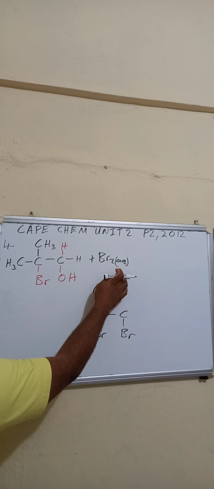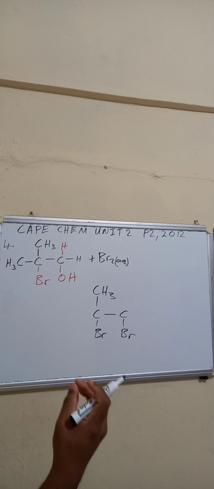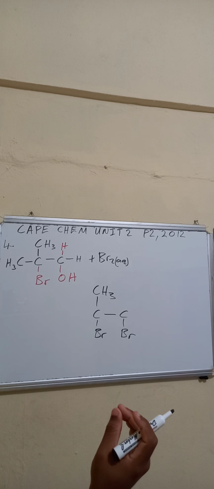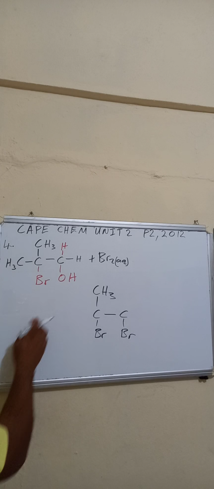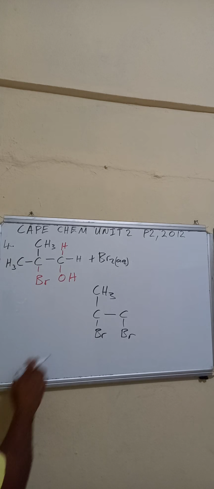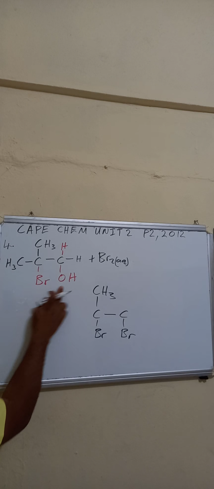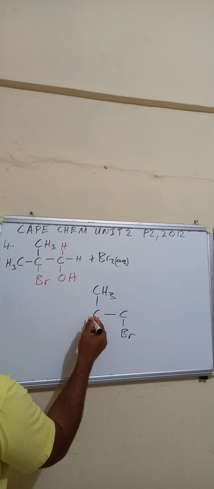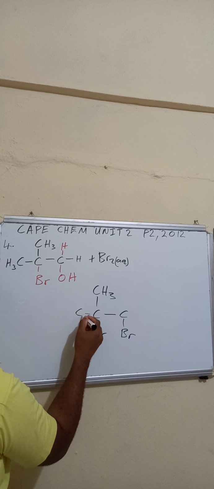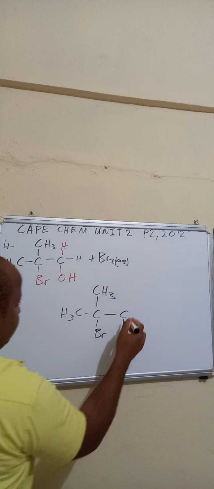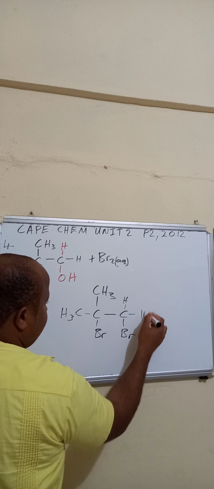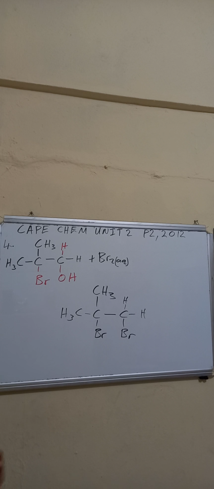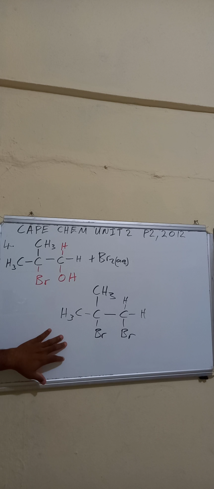But with aqueous bromine, you dissolve the bromine in water. So that is why you get Br and OH. So when it's aqueous, Br and OH. For the liquid, you will get 2 Br atoms. Alright? So that's it for the one with aqueous and liquid bromine.